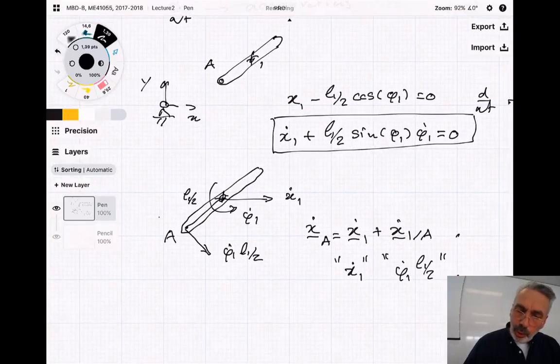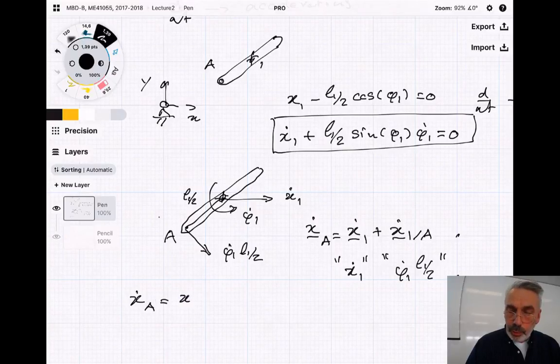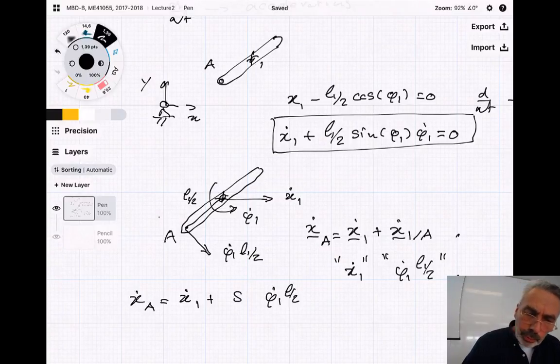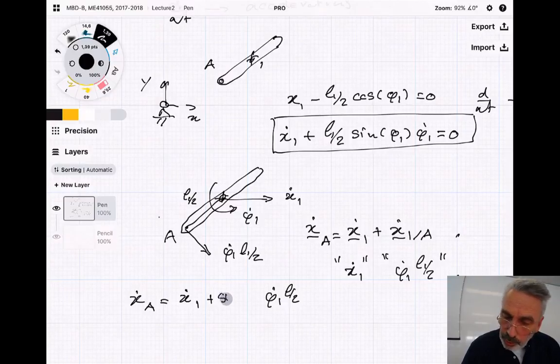But this is a vector notation, and these are scalars, so I have to fiddle a little bit with cosine and sine. Or in other words, we see from the diagram that the horizontal speed of point A is, of course, the horizontal speed of the center of mass, plus this phi dot 1 times L over 2, times a projection, and in this case it's the sine of phi 1.